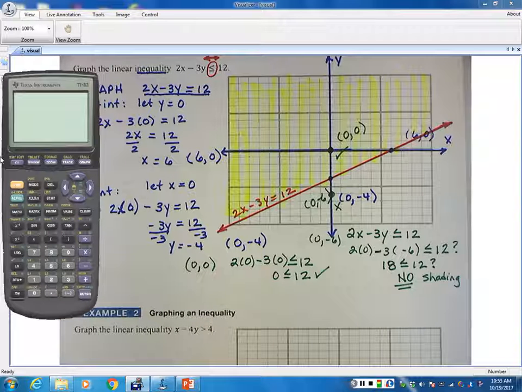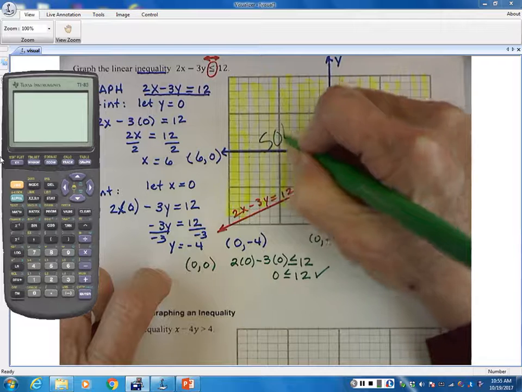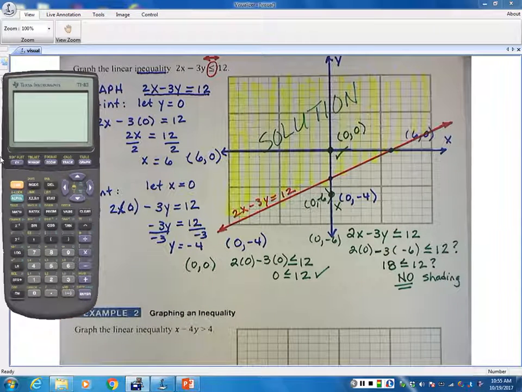So the solution to the inequality is here. I can't show it to you any other way. You have to graph to see the solution to the inequality. Okay?